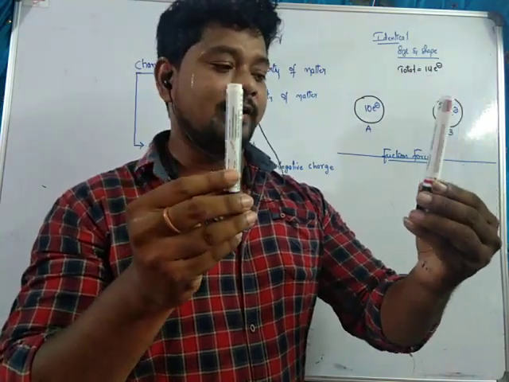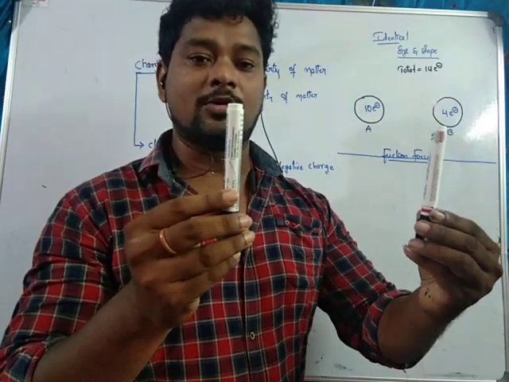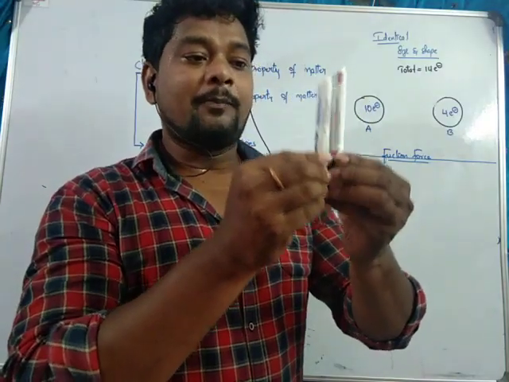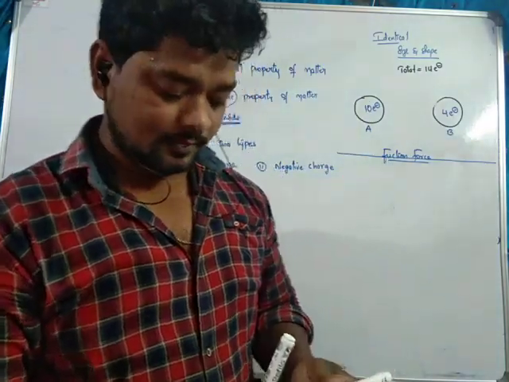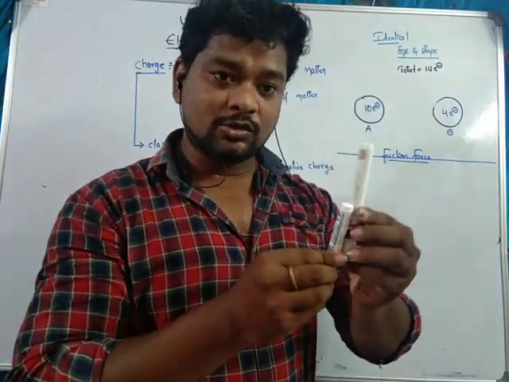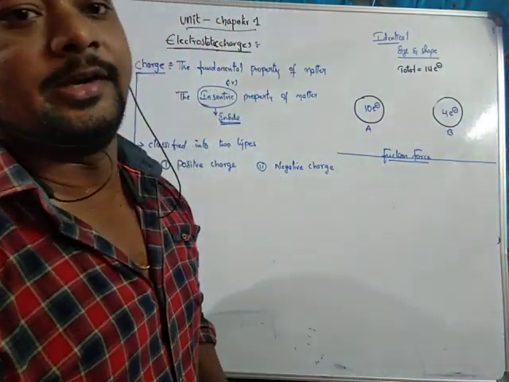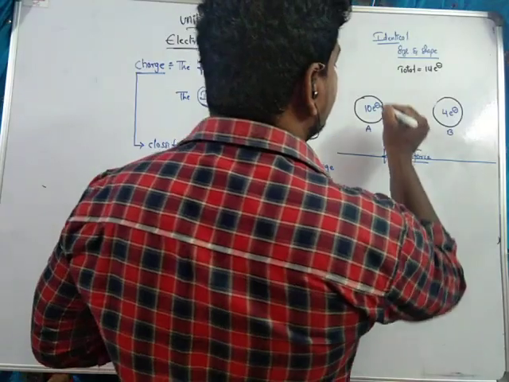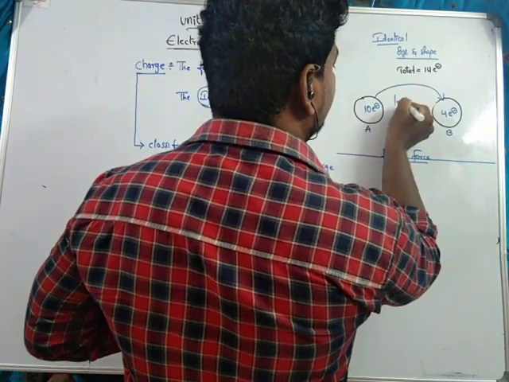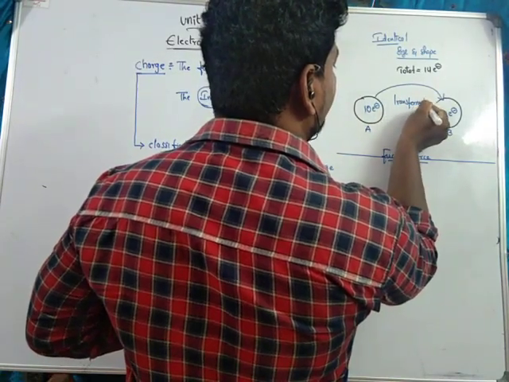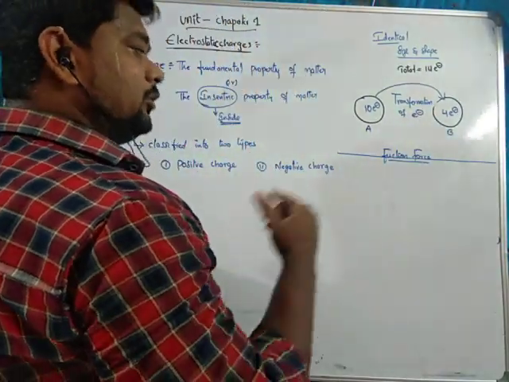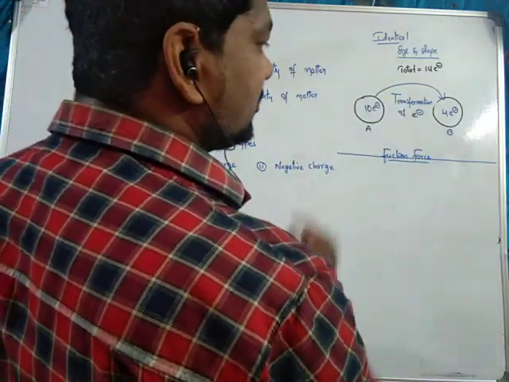When they are placed at a certain distance, there is no transfer of electrons. Now we take these two atoms, place them against each other, and apply some frictional force. Whenever we apply frictional force, it automatically generates some heat. It means there is a transfer of electrons. Due to the heat, due to the frictional force, there is a transfer of electrons.